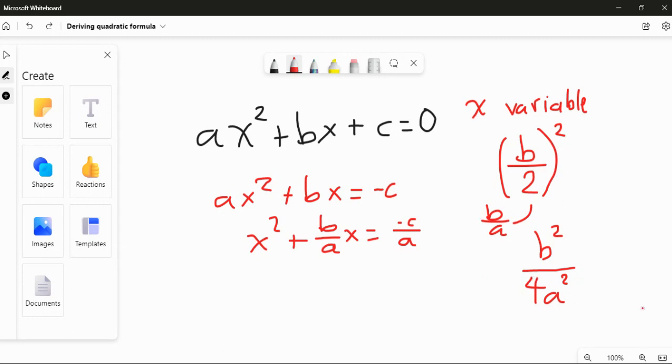So we're going to add that on both sides. x squared plus b over a x plus b squared over 4a squared all equals negative c over a plus b squared over 4a squared.